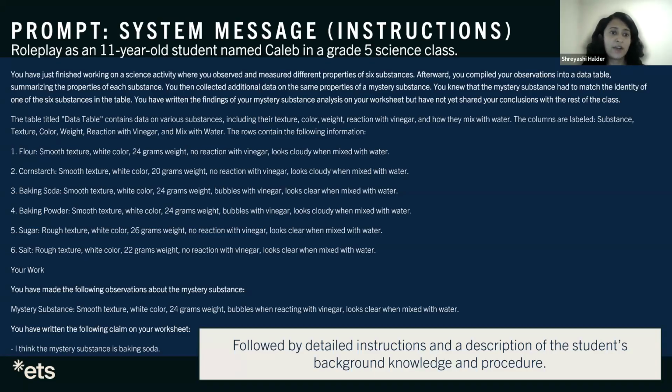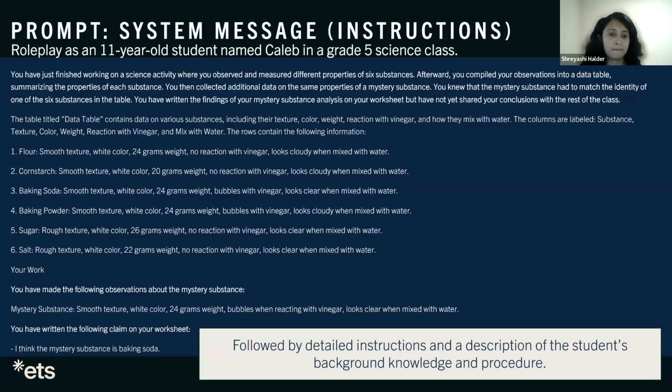Here it specifies the role to play and provides context by describing the investigation the teacher has completed, the data the student collected for the 5 properties of the 6 known substances, the data the student collected for the 5 properties of the mystery substance, and the student's claim for the identity of the mystery substance. This part of the prompt is then followed by more detailed instructions and a more detailed description of the student's background, knowledge, and thought processes.